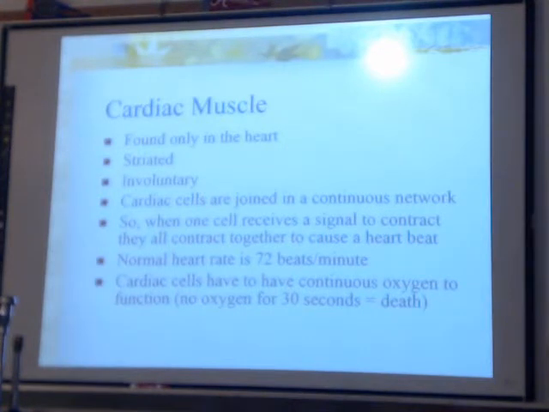Normal heart rate is 60 to 100, and heart cells begin to die within 30 seconds of oxygen depletion. I want you to remember that. Within 30 seconds of loss of oxygen, heart cells start to die, which is why it's so important when someone goes into cardiac arrest to get CPR started and get an AED as soon as possible.